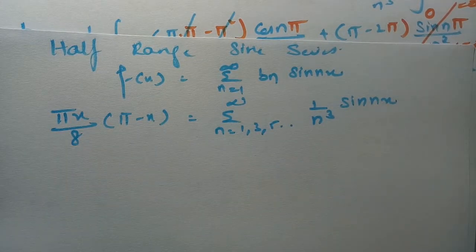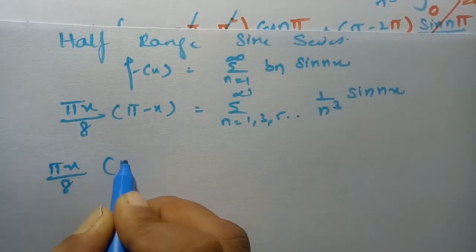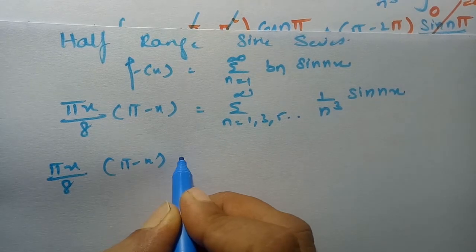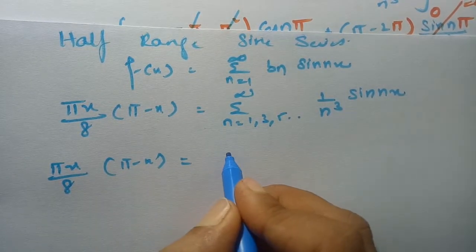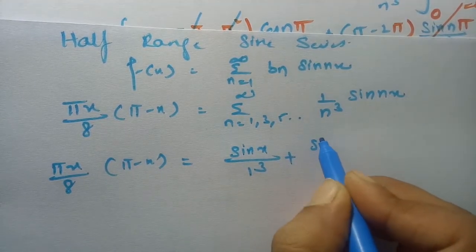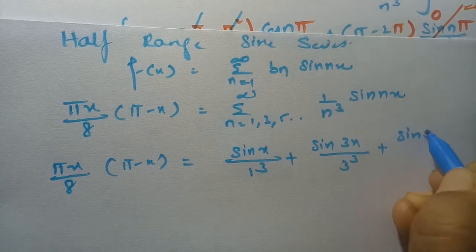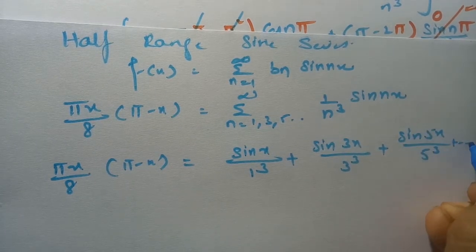So pi x by 8 times of pi minus x is equal to sine x by 1 cube plus sine 3x by 3 cube plus sine 5x by 5 cube plus and so on.